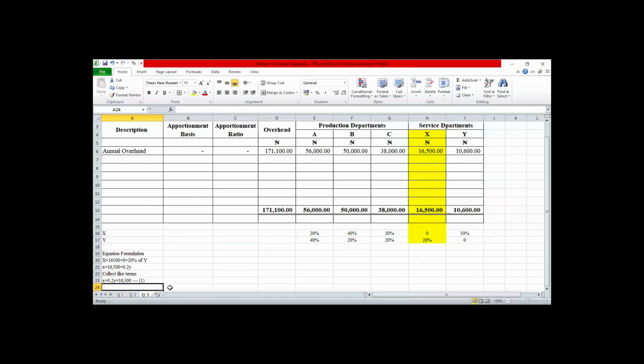I will also do the same thing for equation 2, which will now be Y equals 10,600 plus 10% of X plus 0.